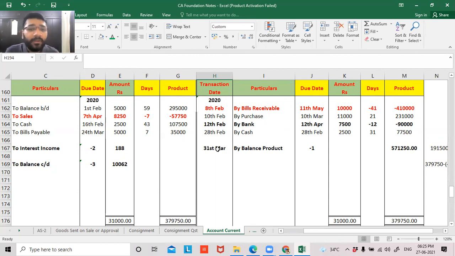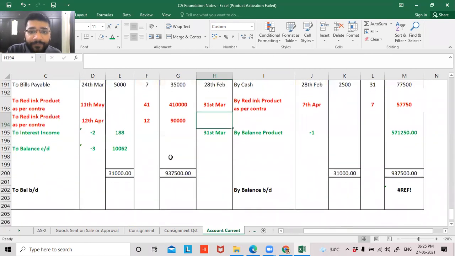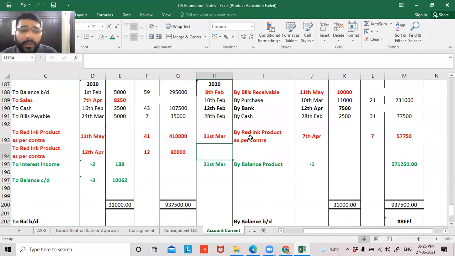Now, if you don't want the answers to come in negative, if it is confusing, then whatever the negative part is there, take it to the other side and name it as by rating product or to rating product, and then calculate. Everything is positive here, so nothing to worry about in balancing. When you balance, nothing will be negative. Your calculation will be balancing like a normal ledger. This is your rating interest product method, guys. Tell me any difficulty in this.